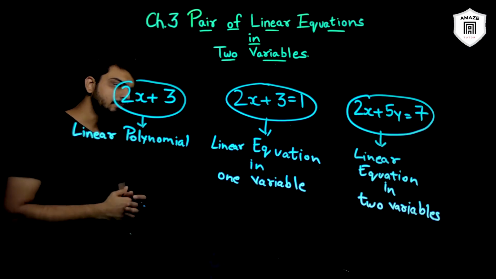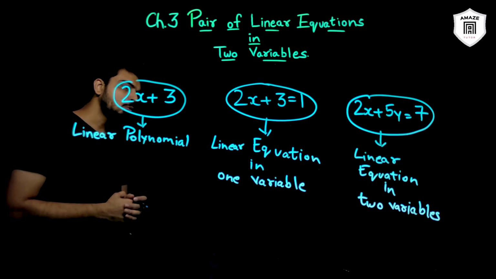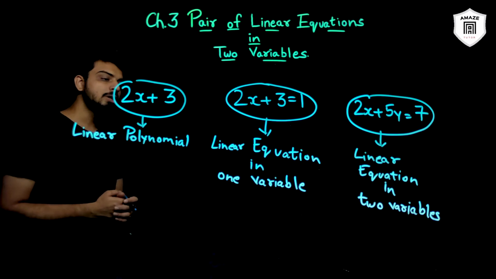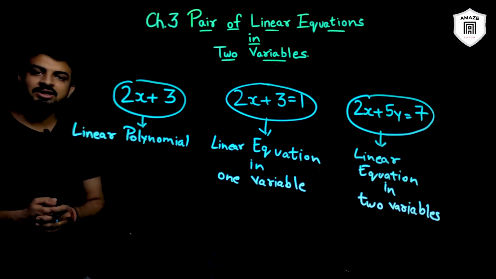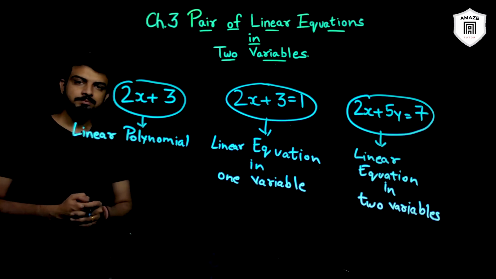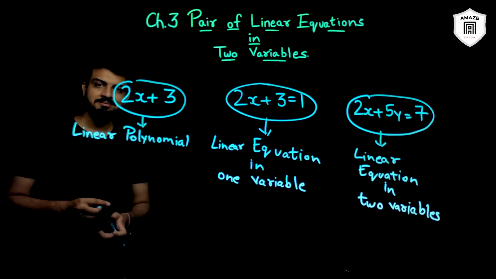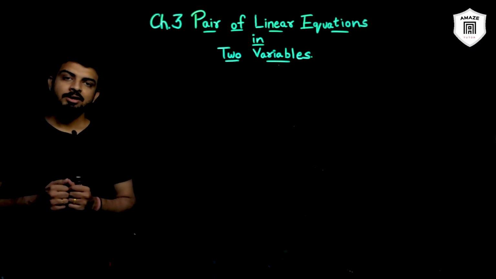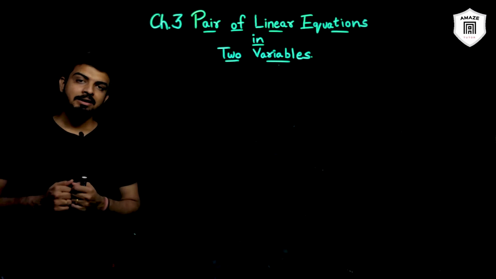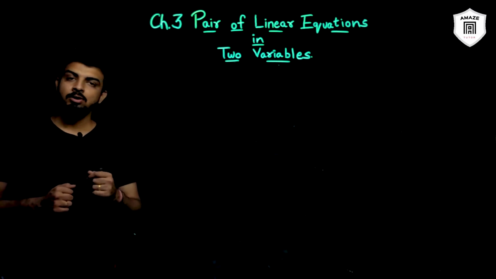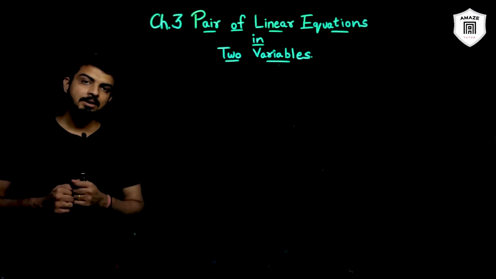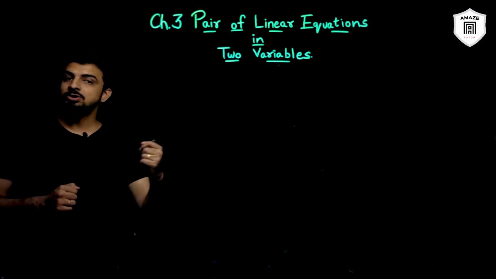But before that, let's take one example of linear equation in two variables and we are going to see some facts about the same, okay? So let's do it. As we have studied in our last chapter that general form of the linear polynomial is ax plus b, where a cannot be equals to 0, right?